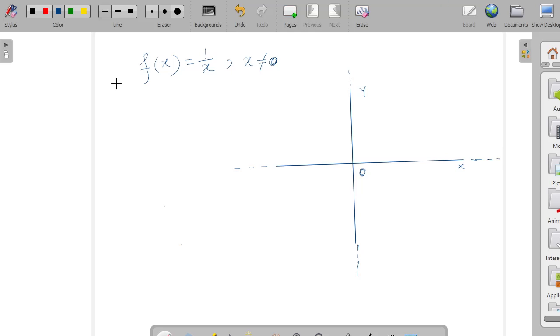Okay, and moreover, if we plug in a positive value at x, we could see that our y value becomes positive. Suppose we plug in some positive value at x, we are getting y will give us a positive value.